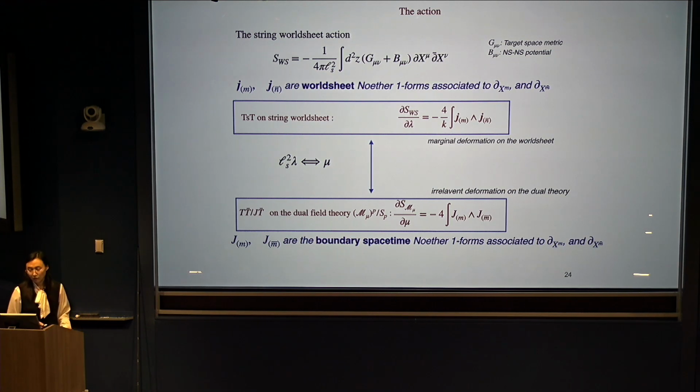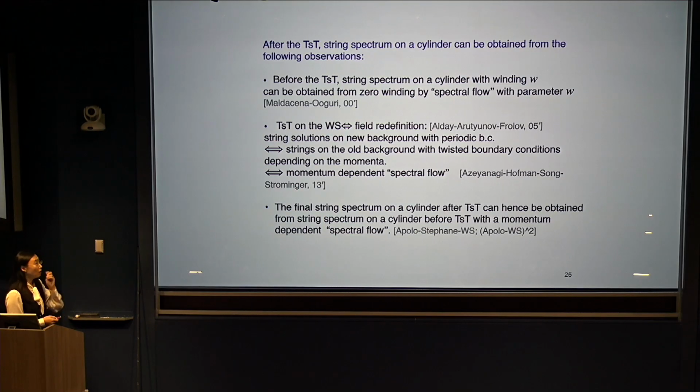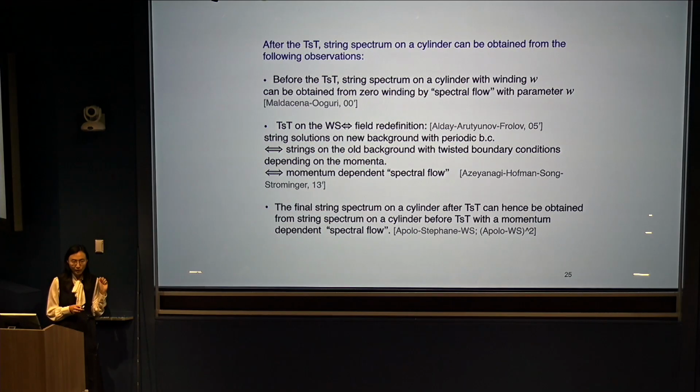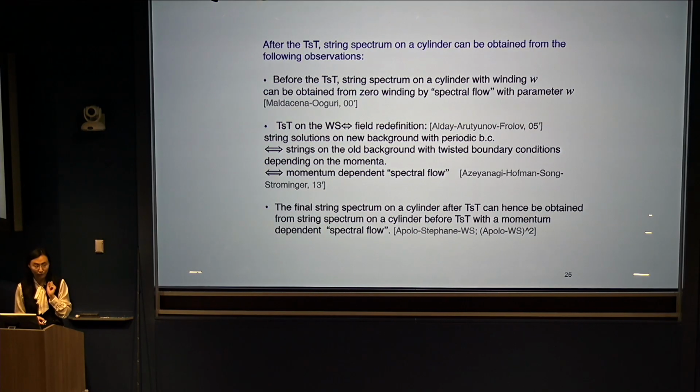Okay, then about the spectrum. As I mentioned, on the string theory side it is a TsT transformation, and we have introduced this spectral flow parameter, the W, which is also the winding. The TsT transformation, as shown by Ode and friends on the worksheet, can be related to a non-local coordinate transformation.